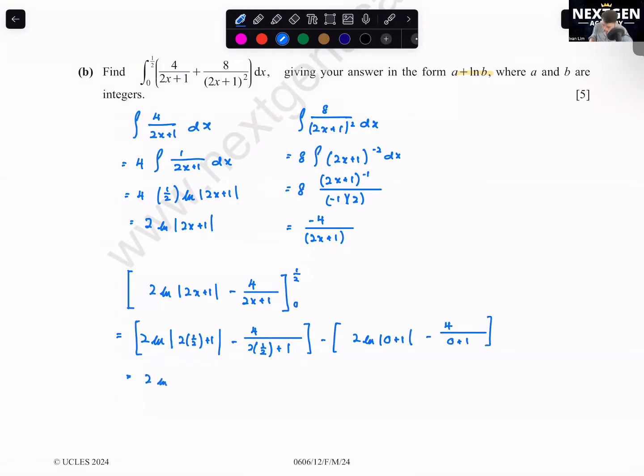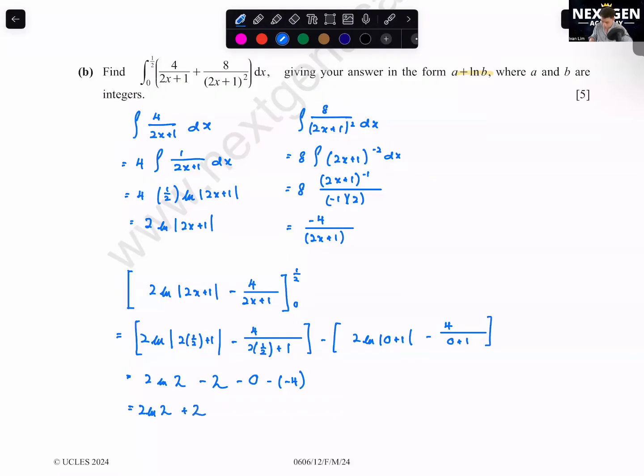Here you get 2 ln 2 minus 2, and this one minus 0 minus 4. Okay, I'll open the bracket straight away. So you get 2 ln 2 plus 2.